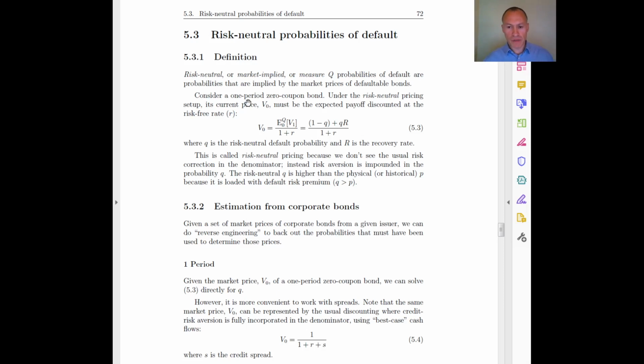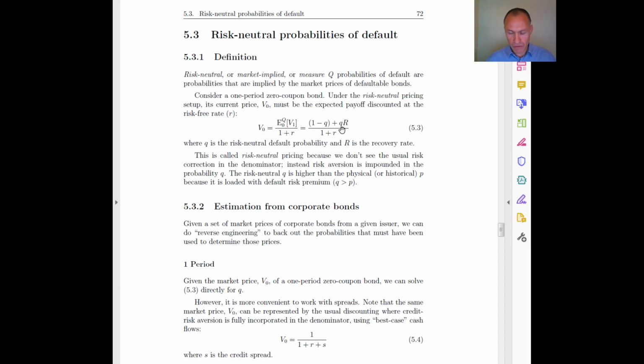Let's start with a very simple example. Let's say a one-period zero-coupon bond. If I observe the price of the bond, V0 here, I can represent that price as the discounted value of the expected payoff. Right? So with some probability, the bond will default.